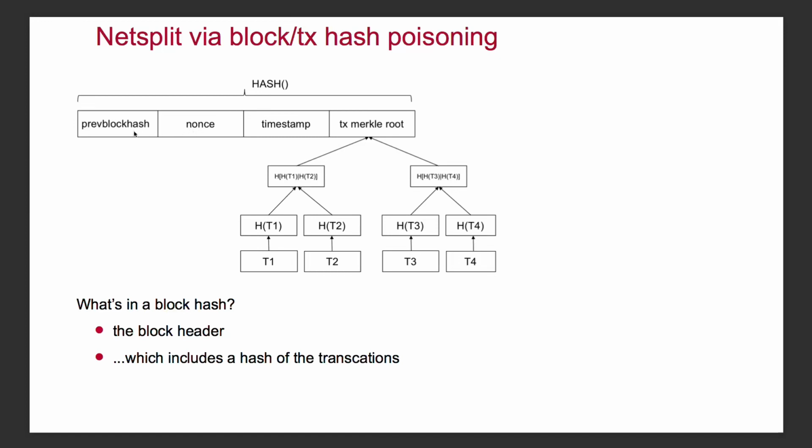There's a couple of fields here that get hashed. So there's a previous block hash, nonce, timestamp, and transaction Merkle root. The previous block hash is the pointer to the previous block. The nonce is used to solve the proof of work puzzle, and there is the timestamp, and there is the Merkle root, which is nothing but really a digest of transactions in that block.